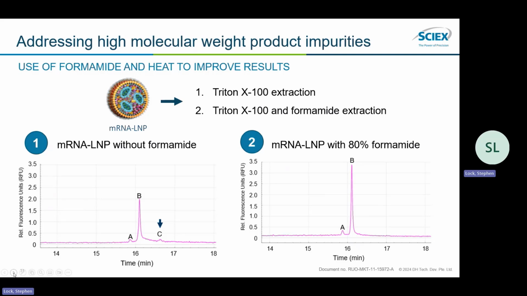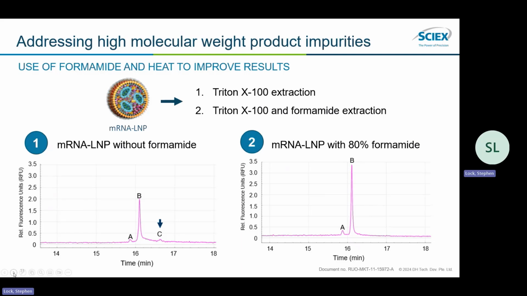As I mentioned, we use surfactants like Triton X extraction to break up the LNP particles. But we also found that we get this mysterious peak when we did that, which is highlighted with the arrow C. Basically that was a complexing of the RNA, so backfolding, which gave us a high molecular weight peak.